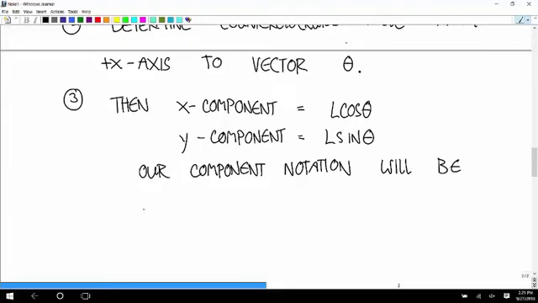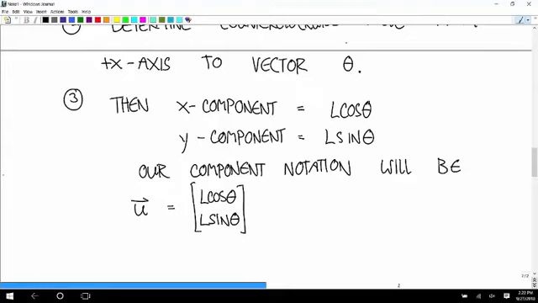will be, so if this is the vector u that we're talking about, the variable is u and the arrow says that it's a vector variable. We're always going to put the x component on top, so L cosine theta. Underneath, we're going to put the y component, L sine theta. And we're going to use square brackets around them. And notice that's not a fraction, so there's no bar between them.